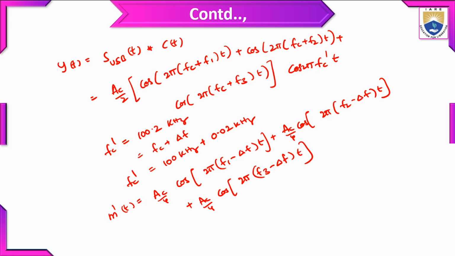So this is my m dash of t, that means the output of the detector. Why? This total y of t is passing through the detector, and the detector also has an LPF, which allows the low frequency terms, that is the difference terms.